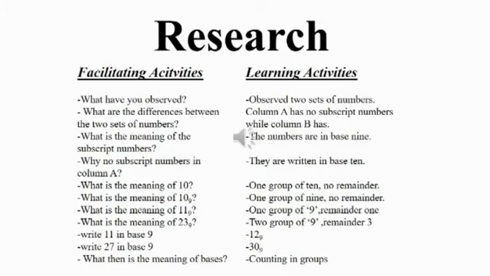The teacher again will ask, what is the meaning of the subscript numbers? And the pupils will answer, the numbers are in base 9. Then under the teacher's activity, why no subscript numbers in column A? And the pupils will answer, they are written in base 10.